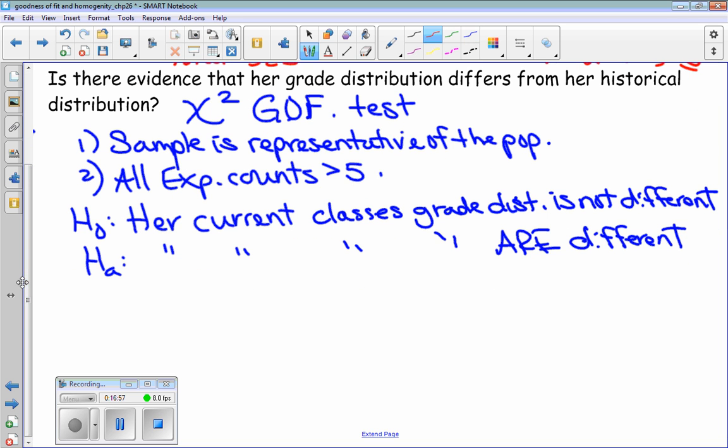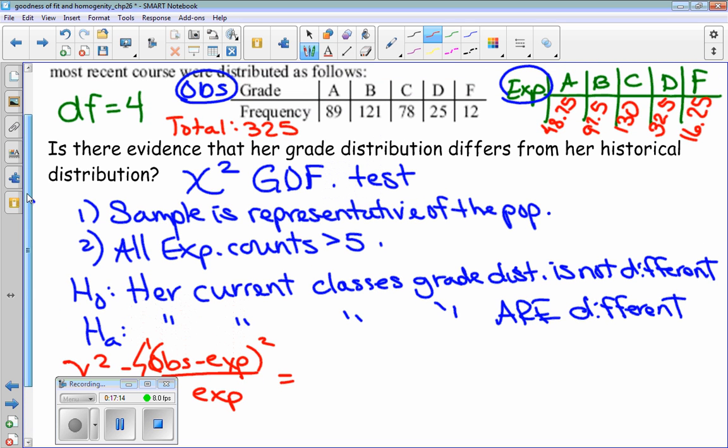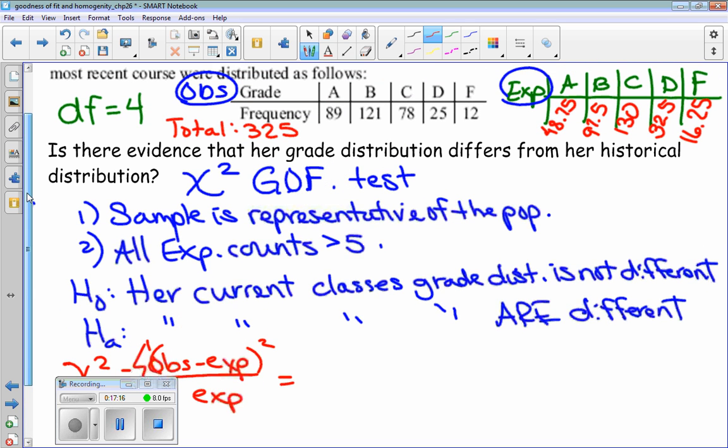So to do that, if you remember the formula for the chi-squared test, it's going to be your observed minus your expected quantity, it's the sum of that, squared divided by your expected, right? So let's look at how I would calculate this by hand. The observed for A's is 89.